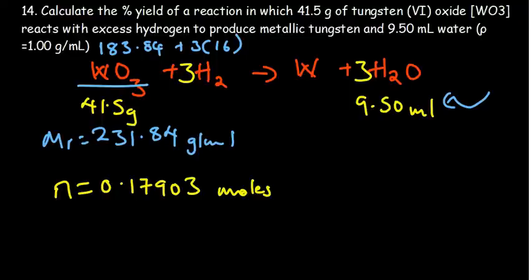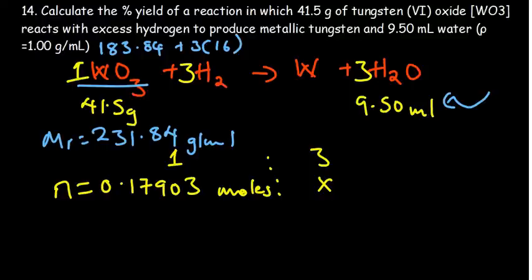So if we compare that limiting reagent of ours with the water, they are in the ratio of 1 to 3. Ratio of 1 to 3. So meaning that per every mole of tungsten 6 oxide, there are 3 moles of water that are produced. So if we try to find the value of x, it's supposed to be times 3.